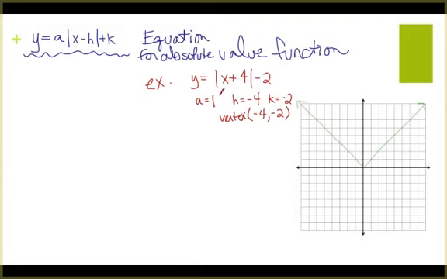Right? Slope of 1 going up to the right, but not too steep, not too flat. Well, it's going to be a V shape when a is 1, just like we've seen. So all we've ever seen so far is one with an a of 1. So we said our vertex is going to be at -4, 1, 2, 3, 4, -2.